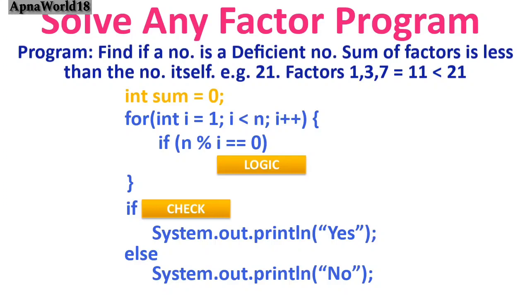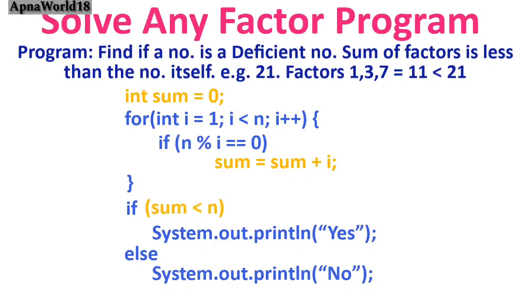Here also, we will run the loop till less than n, as the program is not considering the number itself as a divisor. In logic, we will just add the factor to the sum. In the check section, we will just check if sum is less than n for it to be a deficient number. This is our program for deficient number.